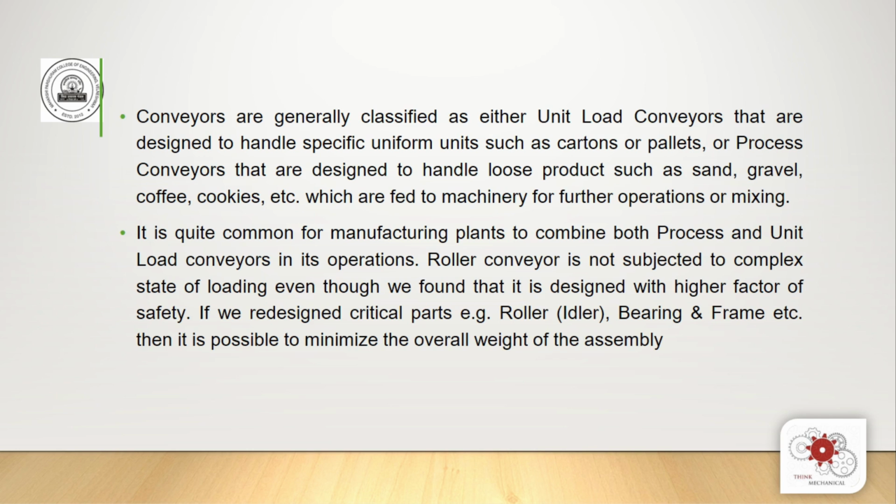Then it is quite common for manufacturing plants to combine both process conveyors and unit load conveyors for its total operation. Then there is another type of conveyor, that is roller conveyor, which is not subjected to complex state of loading, even though we found that it is designed with higher factor of safety.